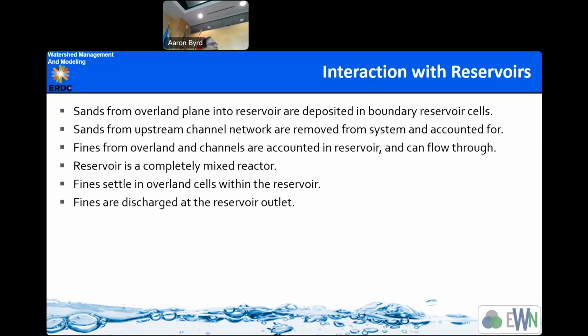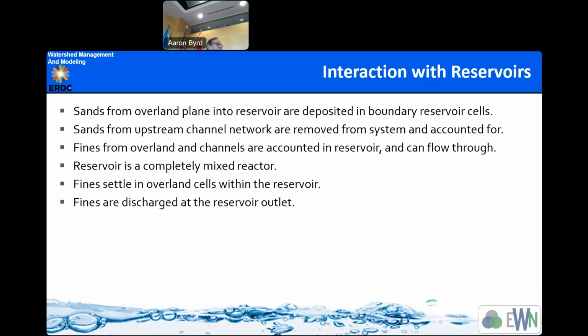So sometimes GSSHA can eat up channels which are upstream, and when it shrinks down, the channel reappears. When the channel reappears, the sediment processes go back to the original channel sediment process. But when it is gulped by the reservoir, then it acts through the reservoir mechanism.